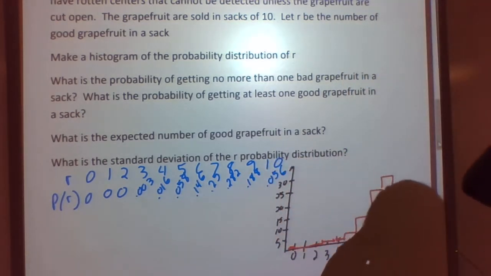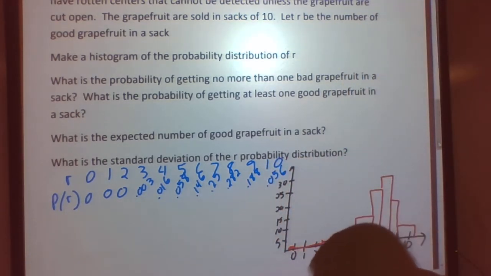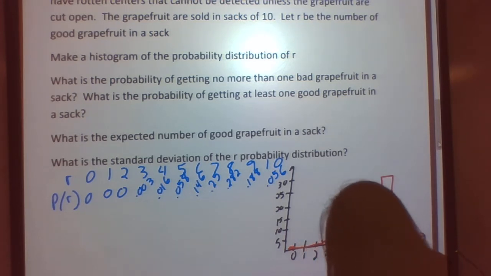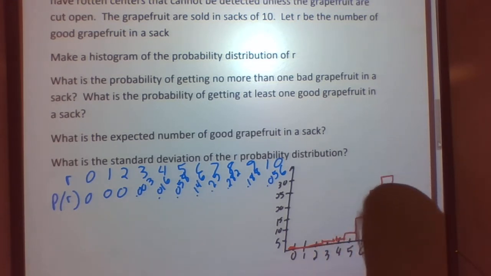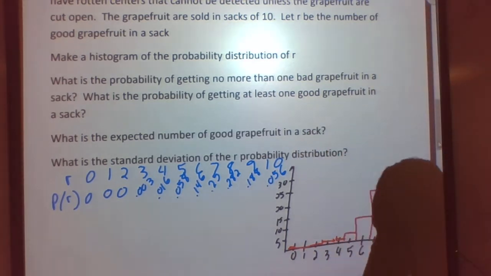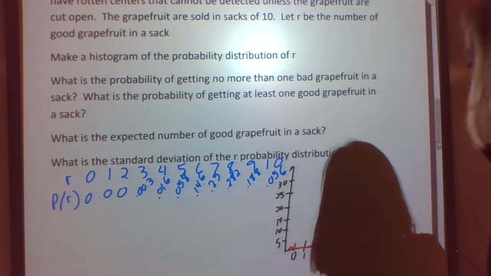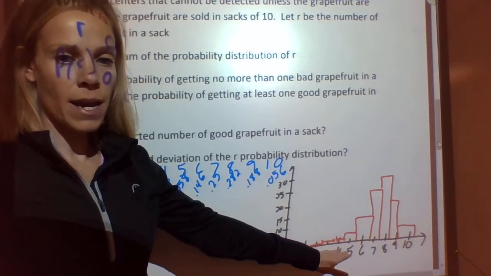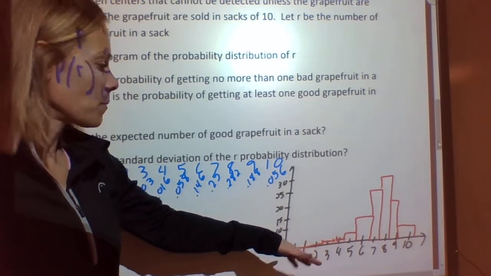Okay, so you get the idea. I know it's not very good. I'm trying to fit everything on one board, on one slide here, so you guys can see it all. But you should know these graphs well enough that you should know what it looks like. Titles and labels, yes, you do need those. So I would label the x-axis probably number of grapefruit.